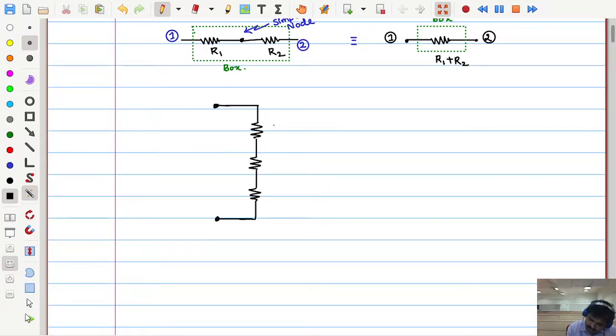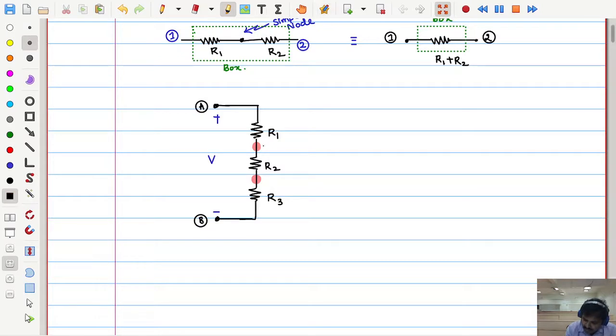Say these are the resistors R1, R2 and R3, connected between some terminals, let us say A and B terminals. And let us assume that the voltage between the A and B terminals is V.